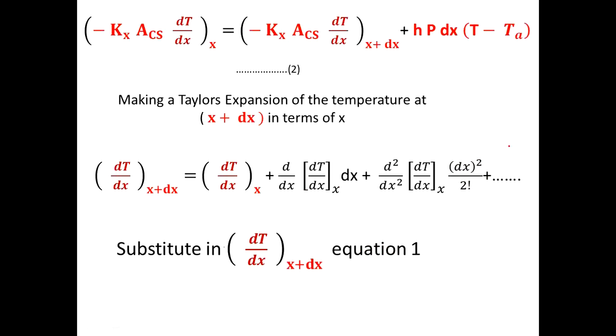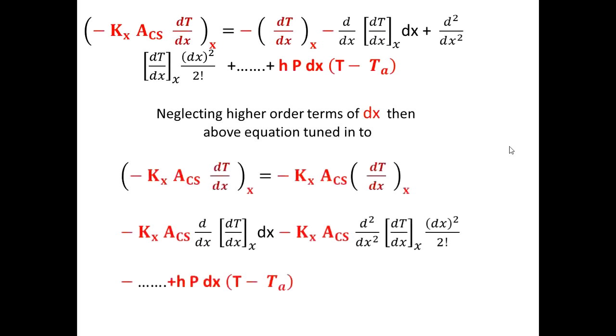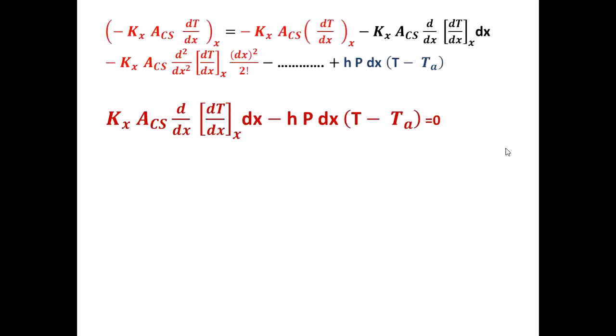Substitute the value in equation number 1, neglecting the higher order terms of dx, then the expression turns into this. Each and every step you follow properly. Now what remains is kx A cross section d by dx of dT by dx, dx minus hP dx of T minus TA is equal to 0.